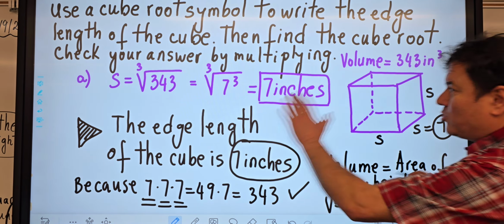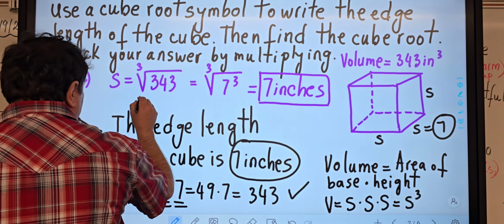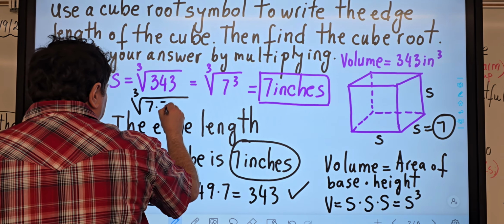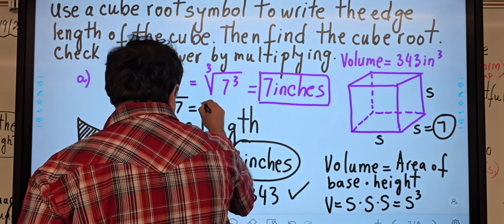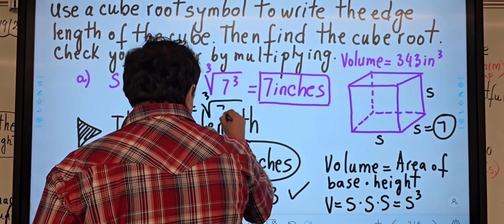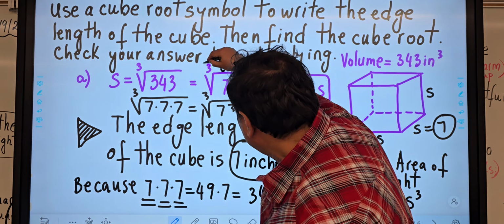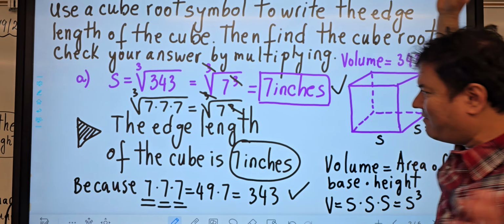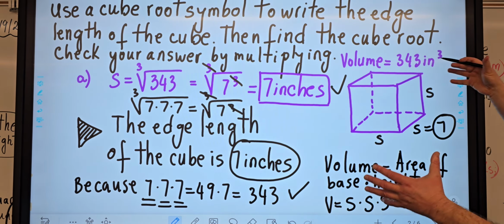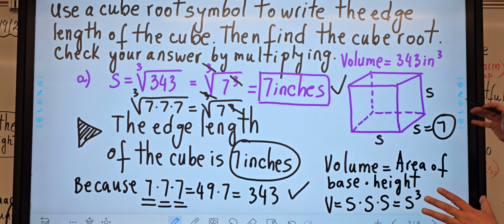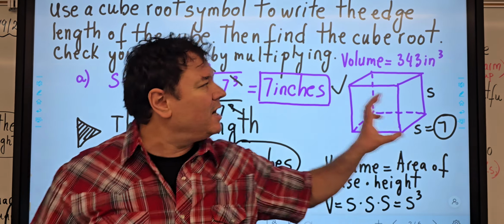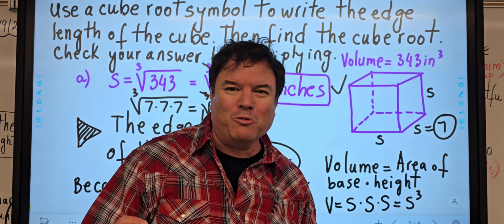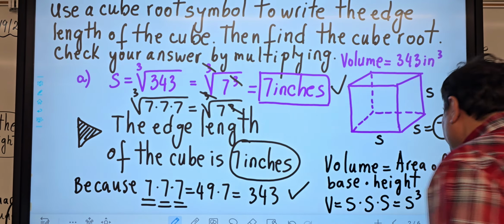Remember the exponents cancel out, so we end up with 7 inches. That's it. That's how we find the cube root of a number using a 3-dimensional cube as a visual. Okay, let's take a look at another example here.